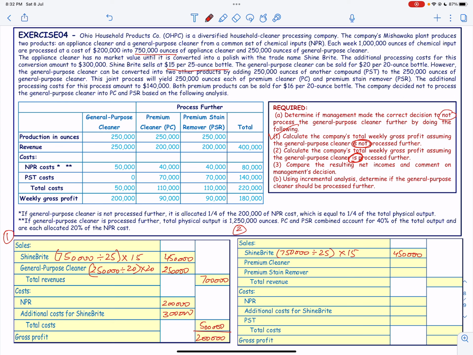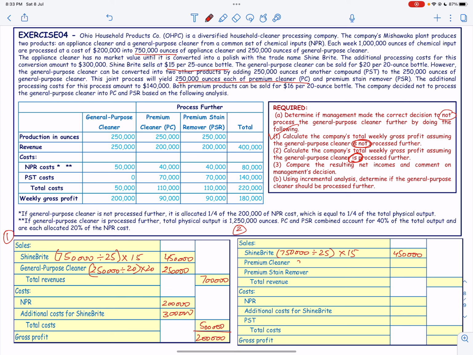Then since we are processing further, we will be having premium cleaner, and this will yield 250 ounces of premium cleaner.